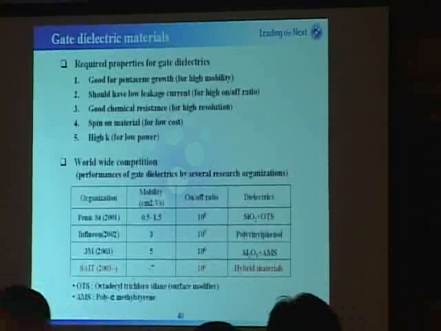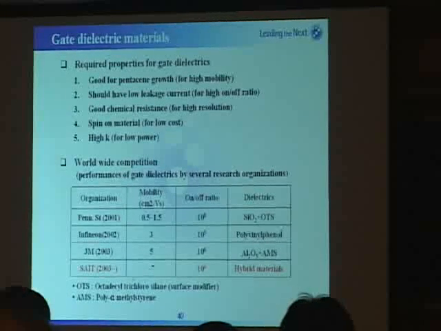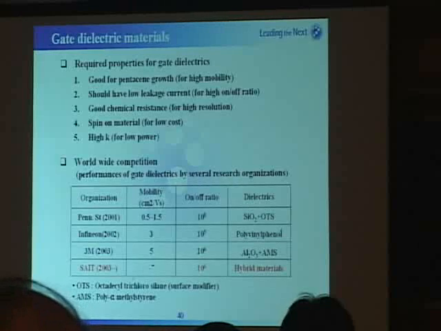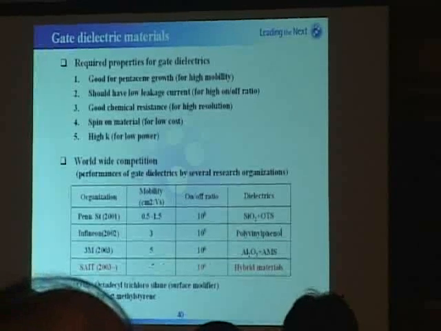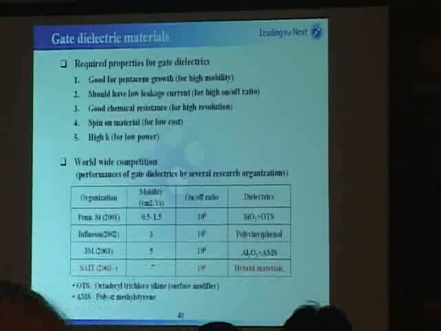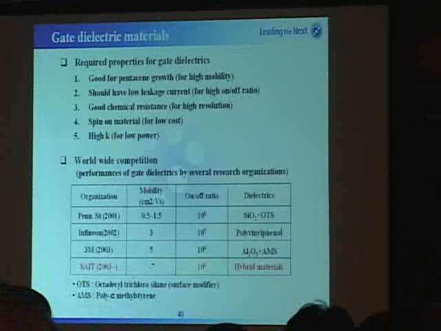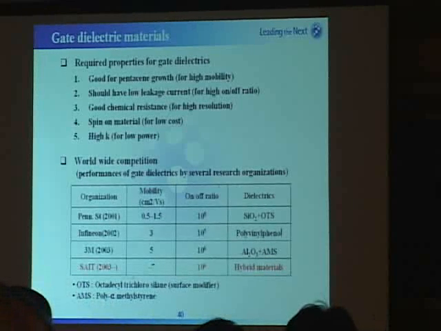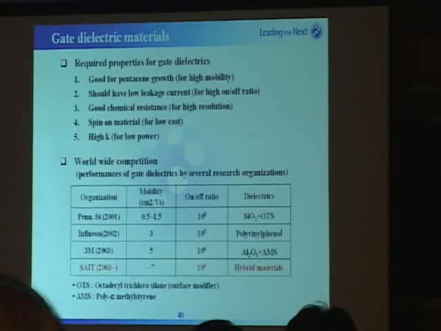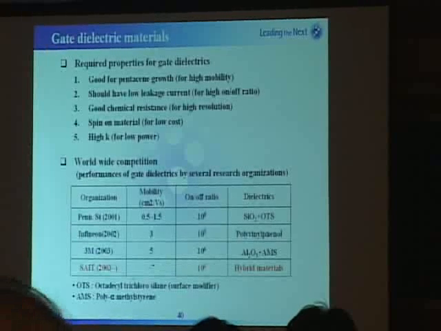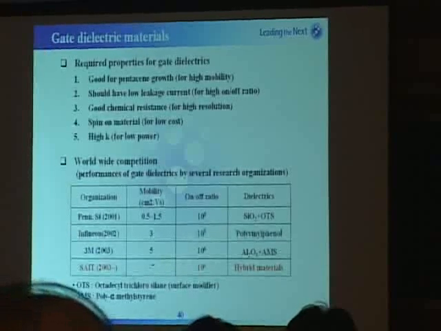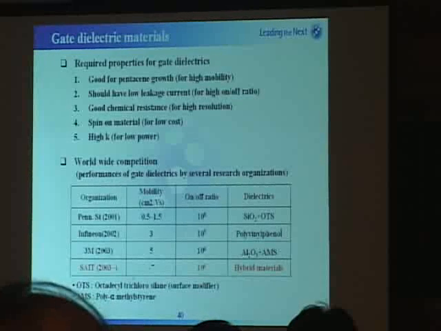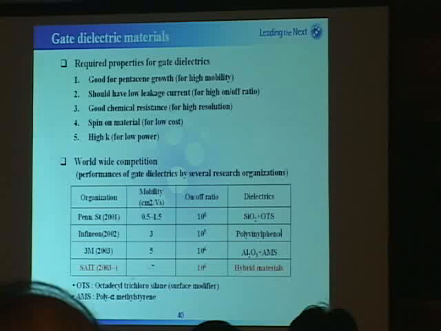This table shows the performance of gate dielectrics by several research organizations. Penn State University in 2001 reported the mobility is around 1. It's actually a very good mobility. It is almost the same level as amorphous silicon, by using octadecyltrichlorosilane treated SiO2.